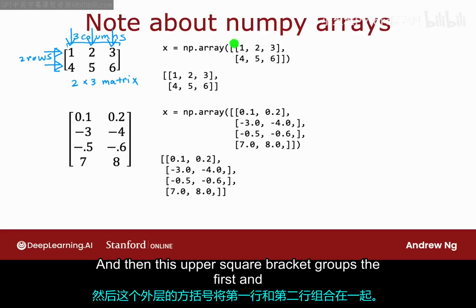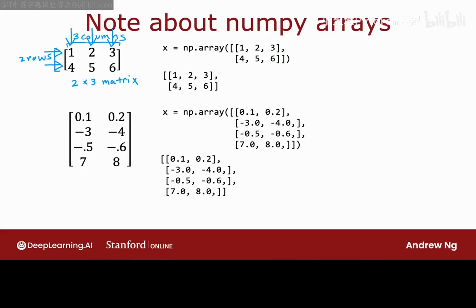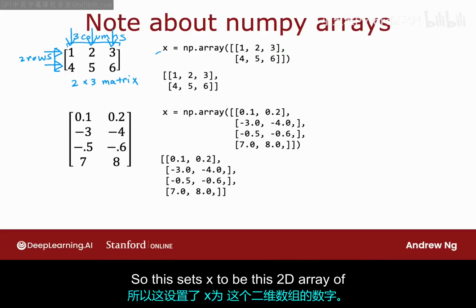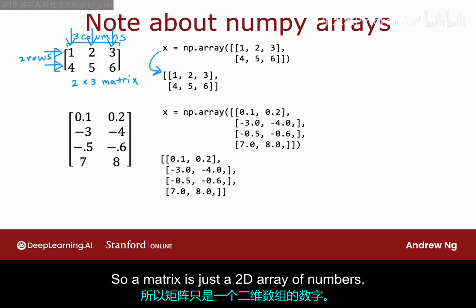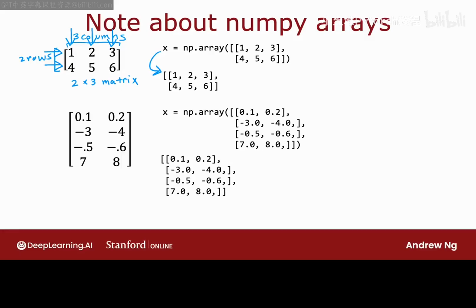And then this upper square bracket groups the first and the second row together. So this sets x to be this 2D array of numbers. So a matrix is just a 2D array of numbers.